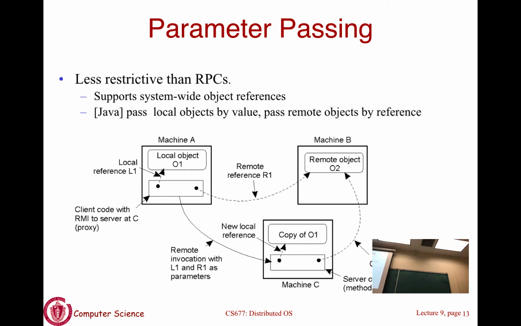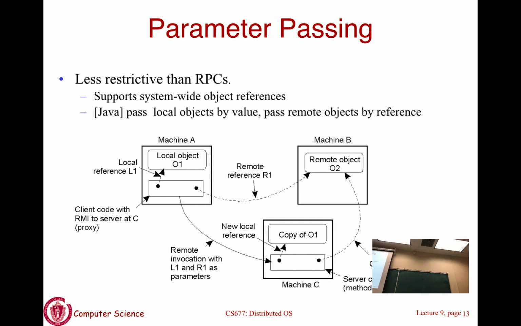Now if you make the second method call where you actually have a remote reference to another object. There's something called a remote reference, which is a reference to an object that resides on a different machine altogether. So the same machine A is now making a call, but it's passing O2, but it only has a reference to O2. It doesn't have the actual copy of O2 here.